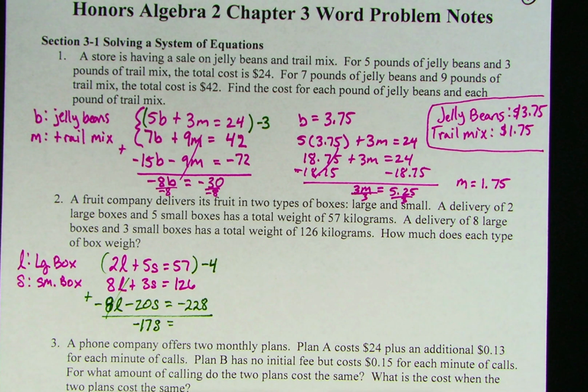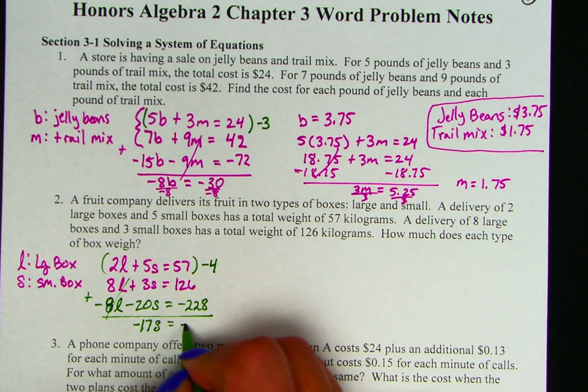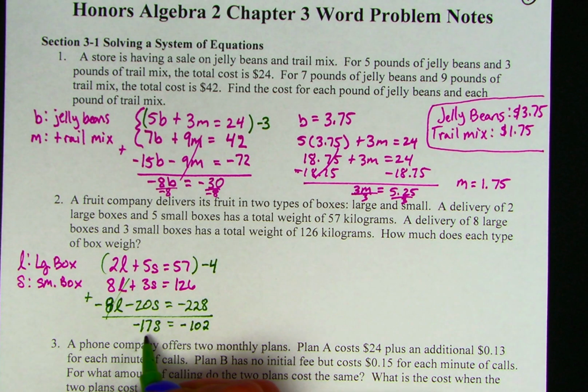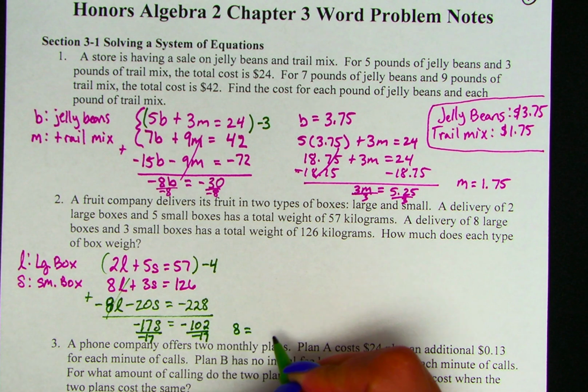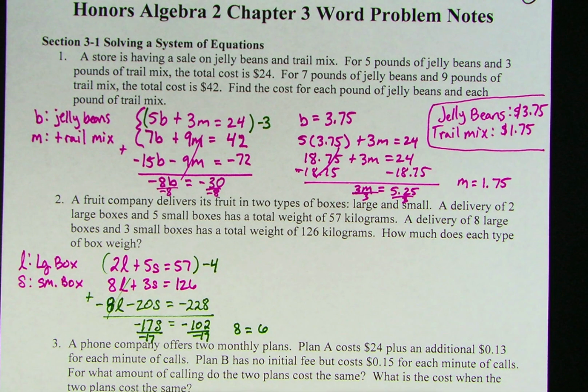I like to add little extra things to my variables if they look like numbers to help me distinguish. So if I take 126 minus 228, that's going to give me -102. And then now I need to divide by -17. So the S is going to equal 6.